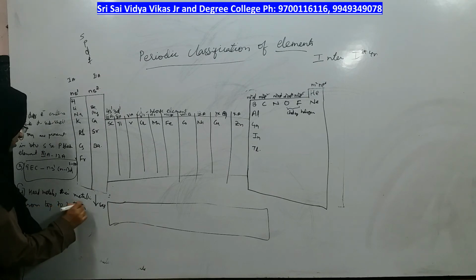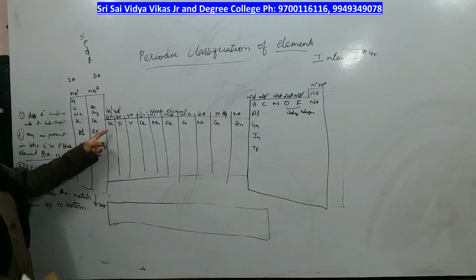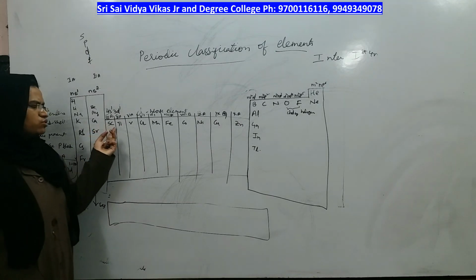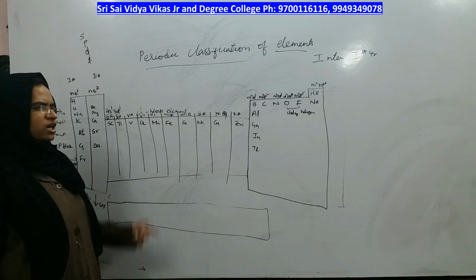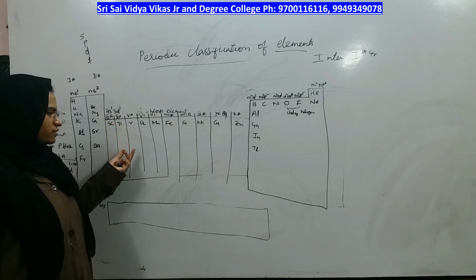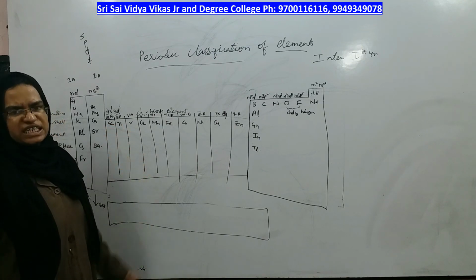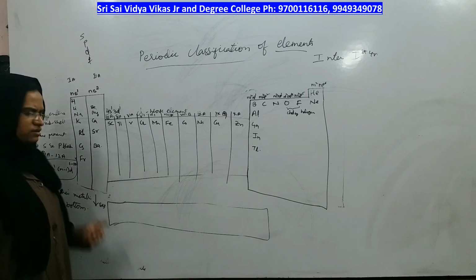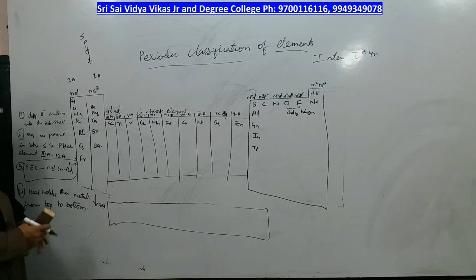If you observe, the elements at the top of the D block are highly metallic, and as we go from top to bottom, their metallic nature decreases. That's why they are called hard metals.